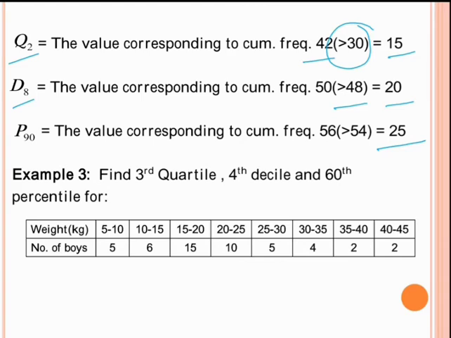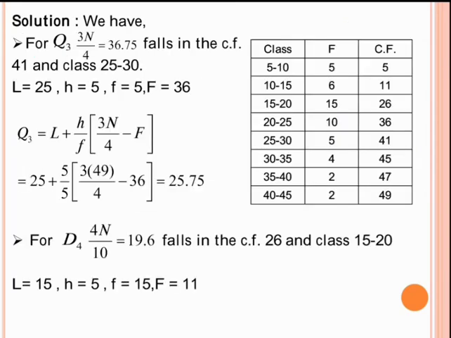Okay, so find the third quartile, fourth decile and 60th percentile for the following values. We have to find Q3, D4 and P60. Now first we'll construct a table over here, right? Once you understand Q3, you will definitely know how to find D4 and P60.